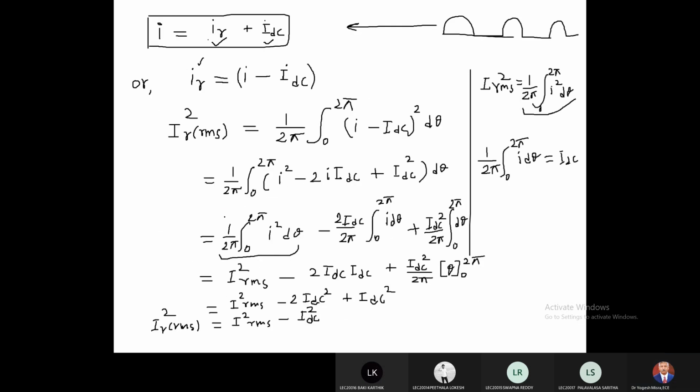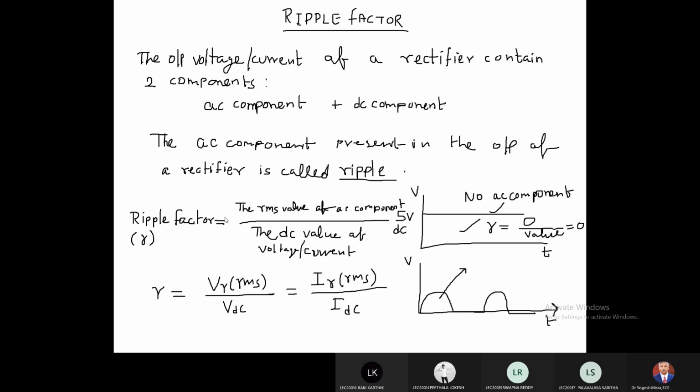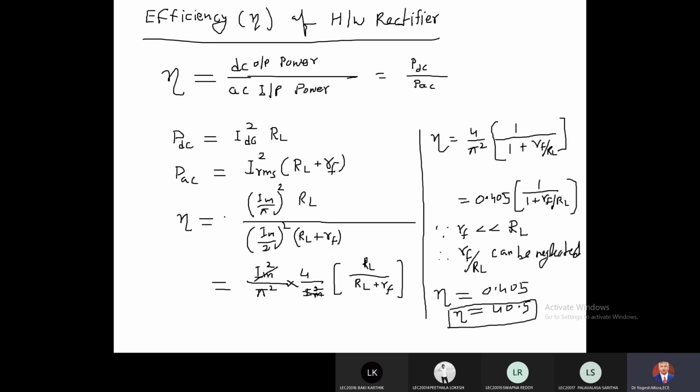Now, efficiency here you see, we calculated 40.5 percentage. This is 40.5%. But if you want to calculate for this half wave rectifier, then you can use this formula. You find the PDC and PAC value. PDC is IDC square RL.